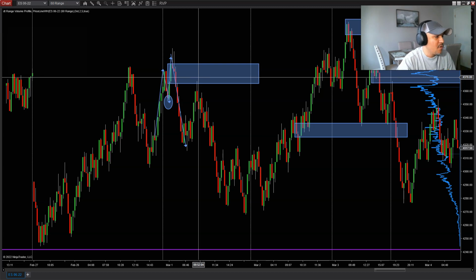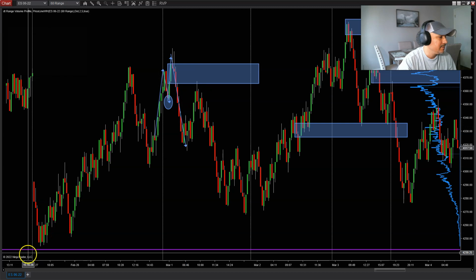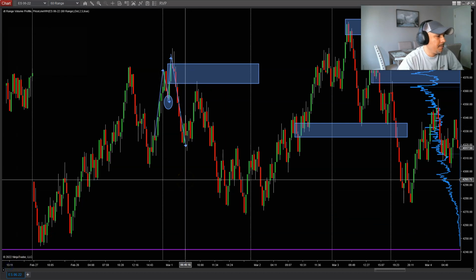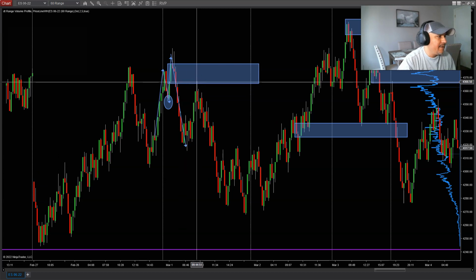This is where I switch over to my 12 range chart to see price structure break to the downside, okay? So price taps into that area. At what time did price pull back on the 60 range chart to this area of supply? At 9:45.